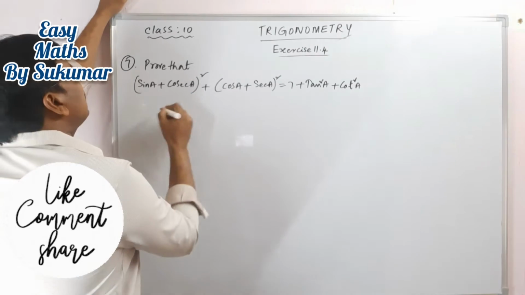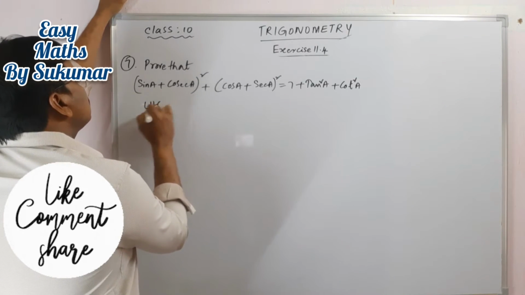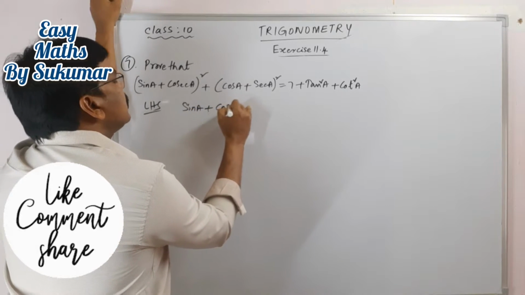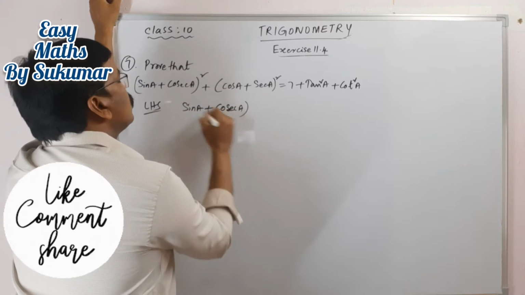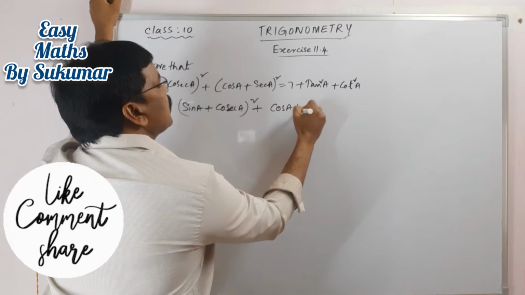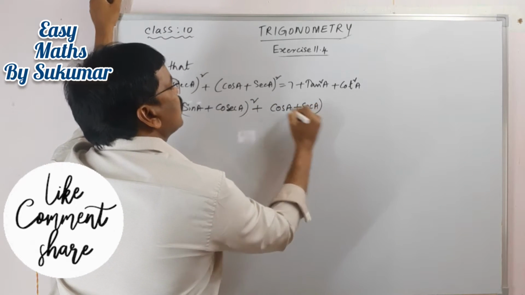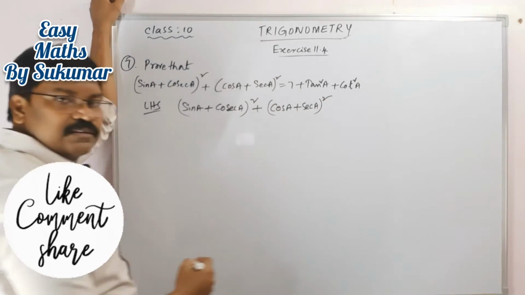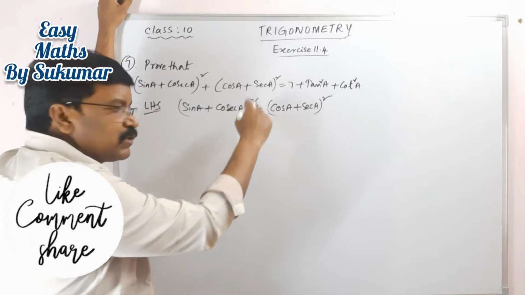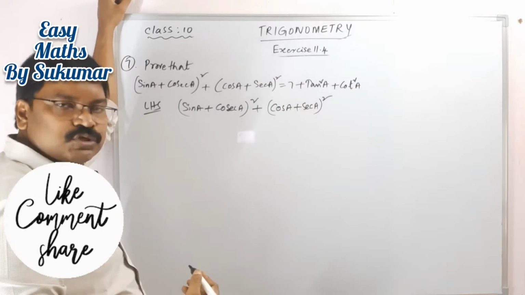Take what is LHS. What is LHS here? (sin A + cosec A) whole square plus (cos A + sec A) whole square.